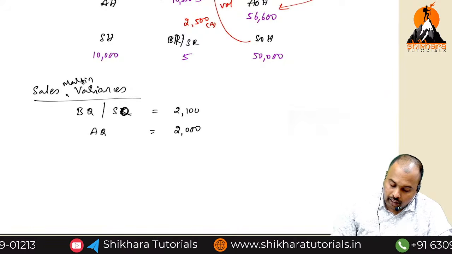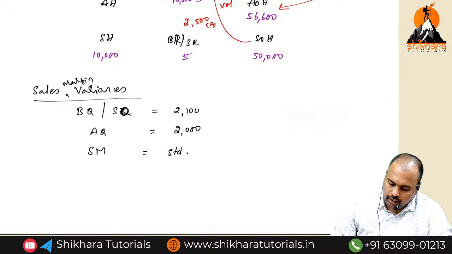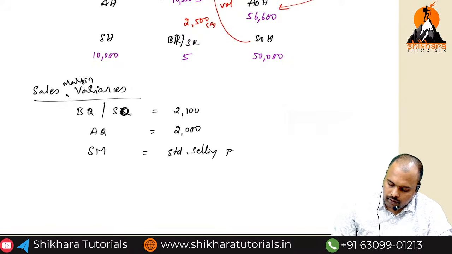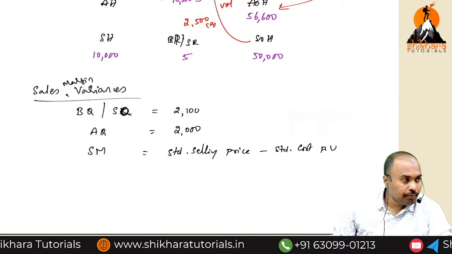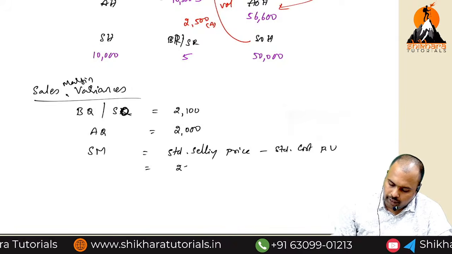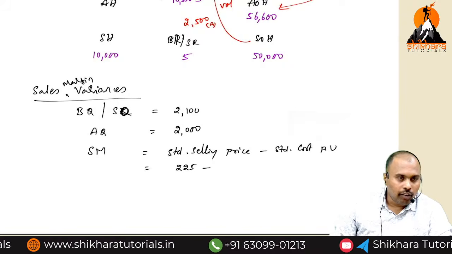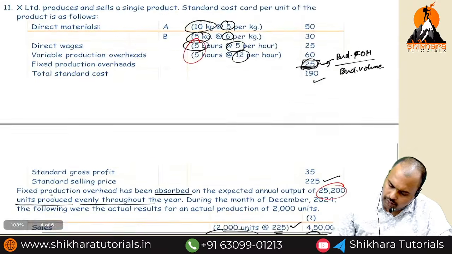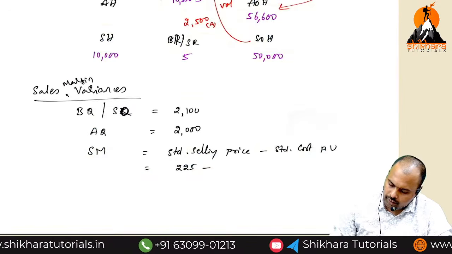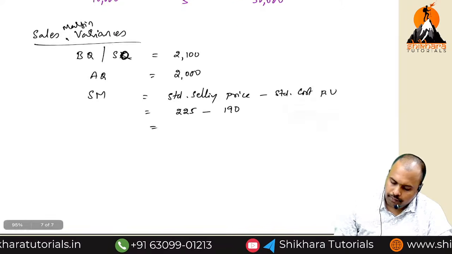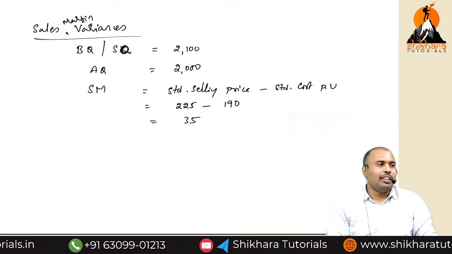Now, what is standard margin? Standard selling price minus standard cost per unit, which is nothing but 225 minus standard cost per unit 190, given in question. As per standard, what is cost per unit? 190, right? So 225 minus 190, which is 35. Already we are having standard margin 35 given in question, right?